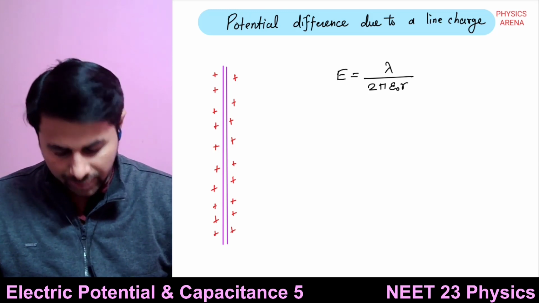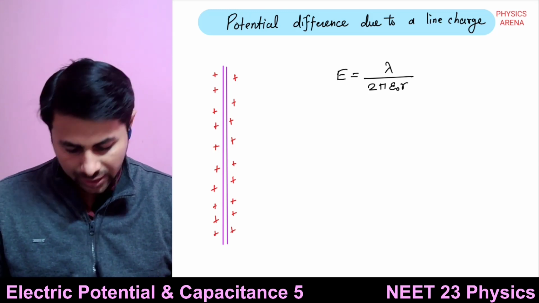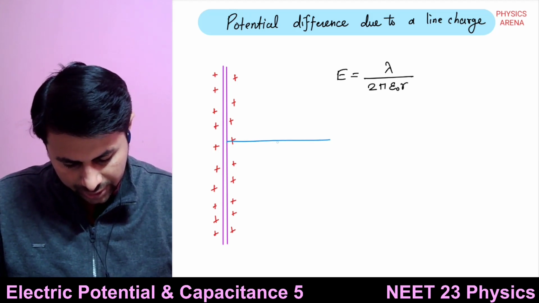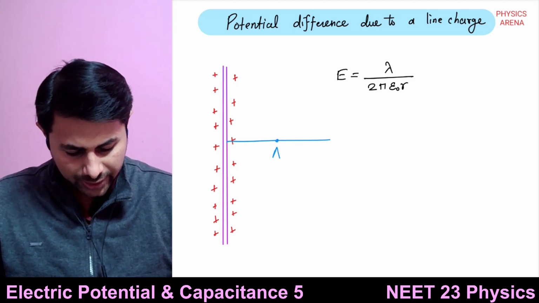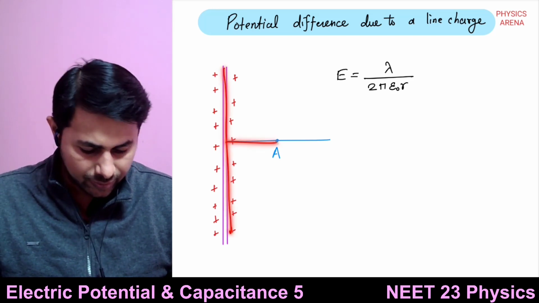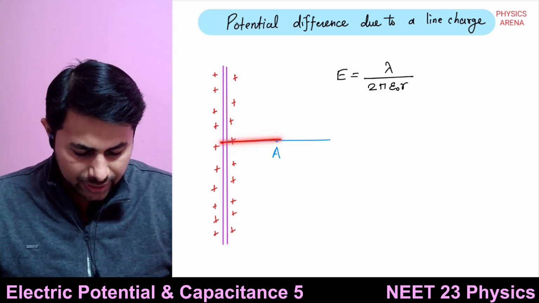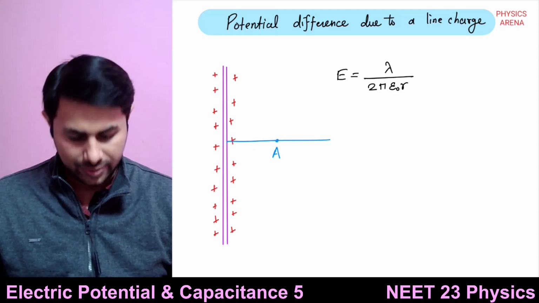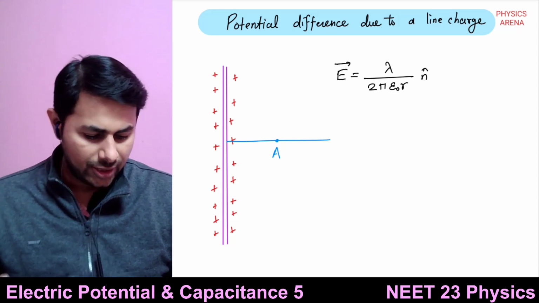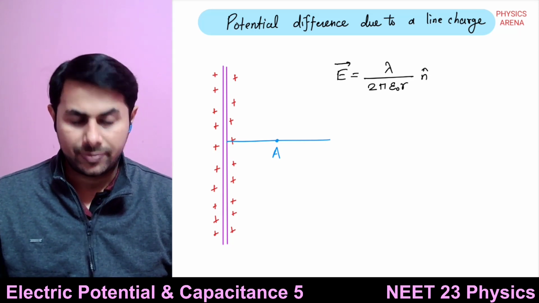So if we consider any point, let's say we consider this point, let's call it point A, then the electric field due to this wire at point A is along this perpendicular line. Okay, so we can say it is along n cap.